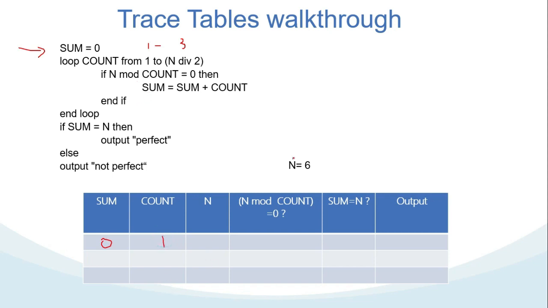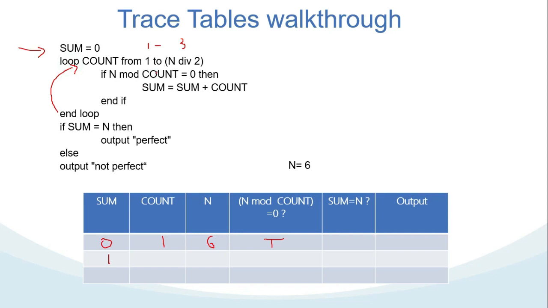If n, in our case 6, mod count equal to 0 is true, then we will execute this one. Sum, which is 0, plus count, here 1. And then we put it under sum. We put 1 there. And then we go back to the beginning of the looping.